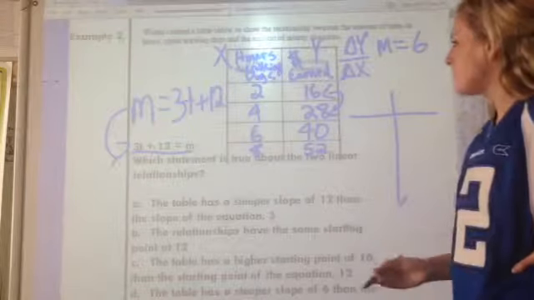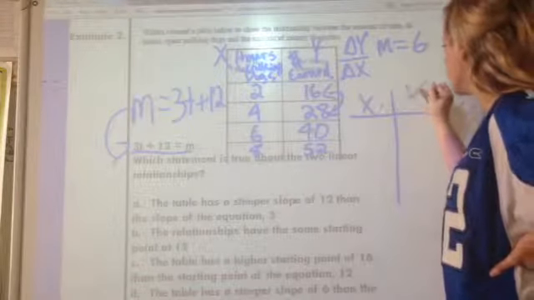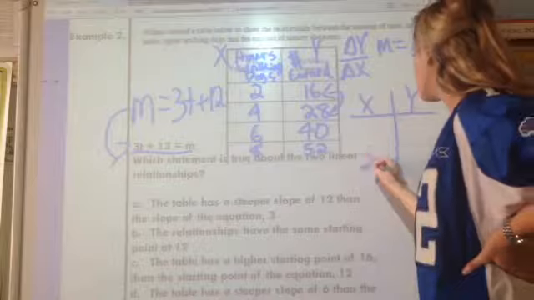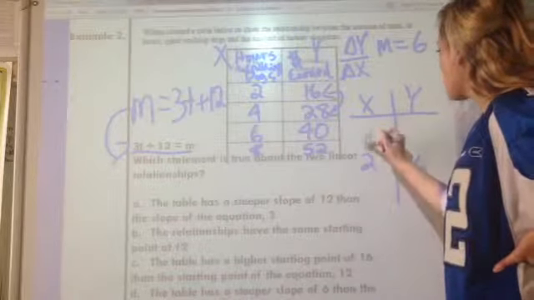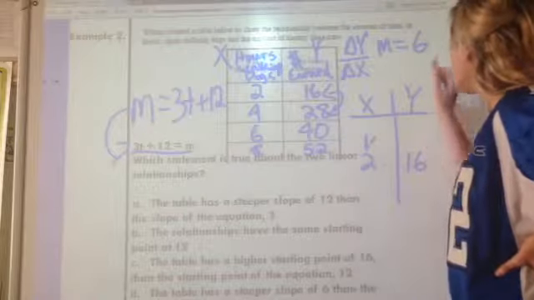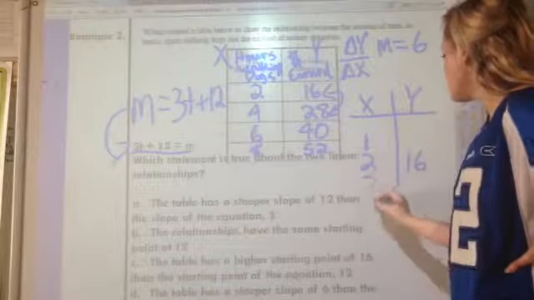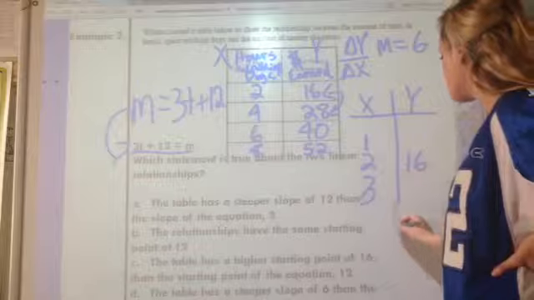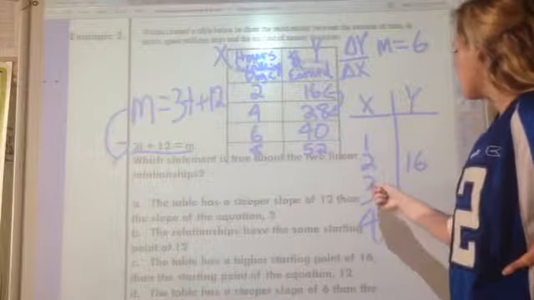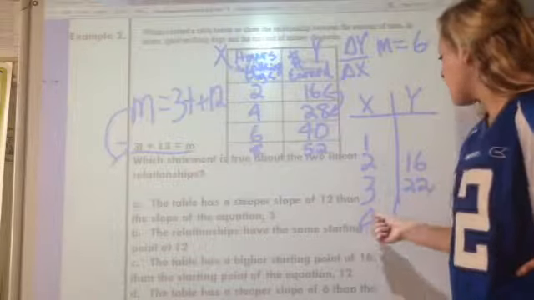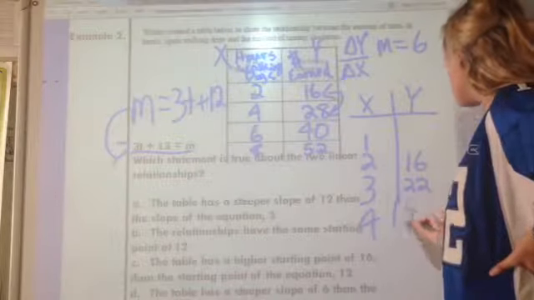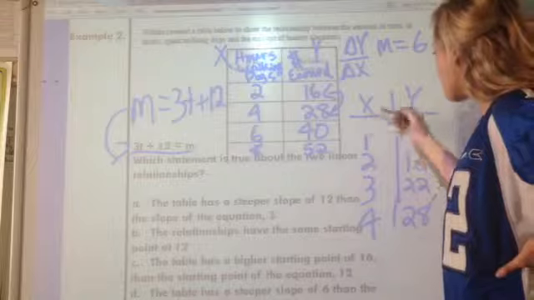The way to do that is just to create your own table. So if I'm at 2, my y value is 16. If I have a slope of 6, that means that this is increasing by 6 every time. So when x is 3, y is going to be 22, and where x is 4, y is going to be 28. So then I can go backwards.